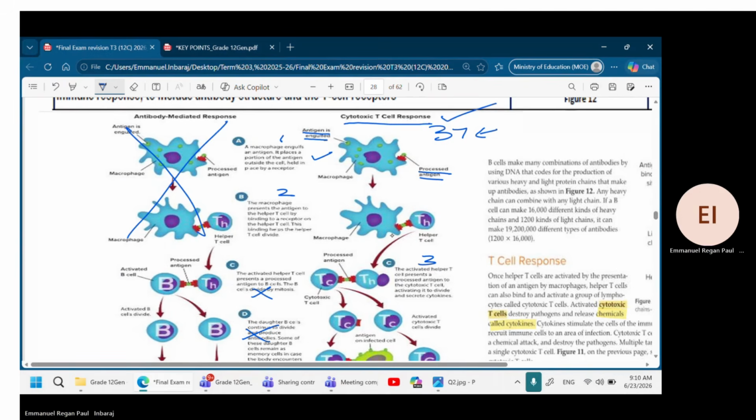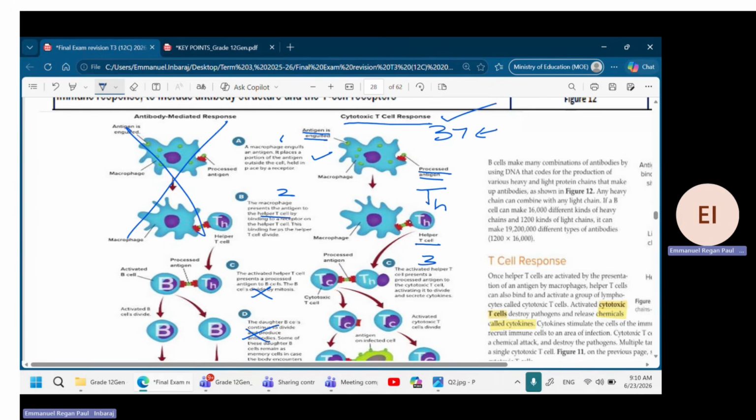Number 2, the processed antigen is presented to a cell called the helper T cell. That is why it is T and there is an H down here. This is the helper T cell.